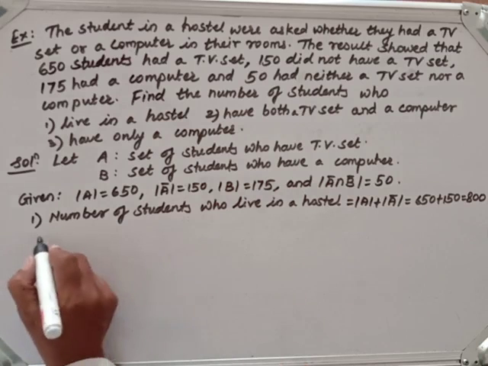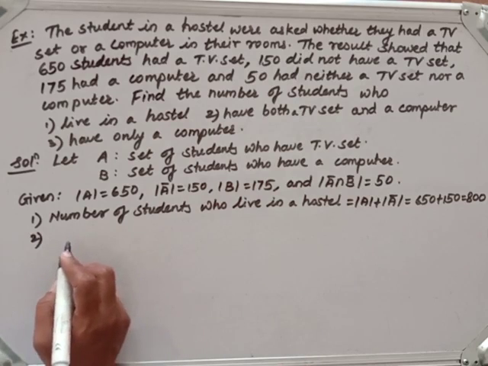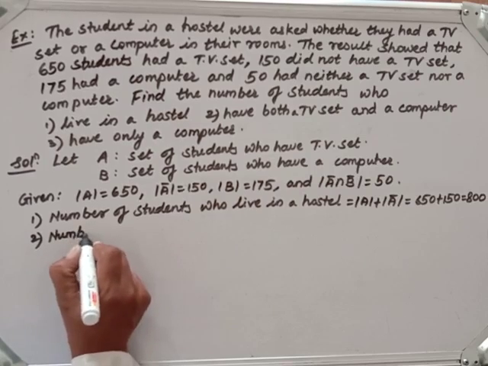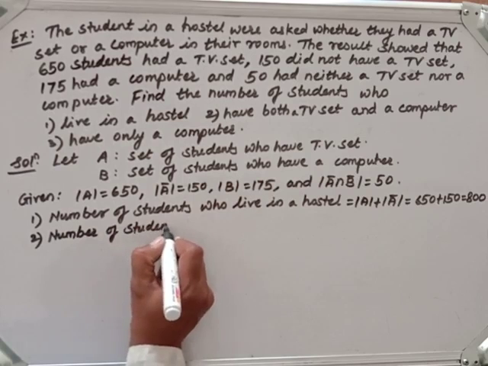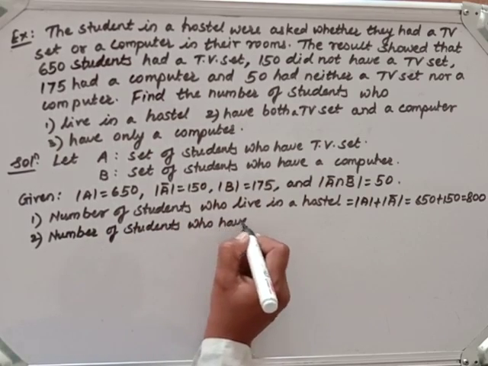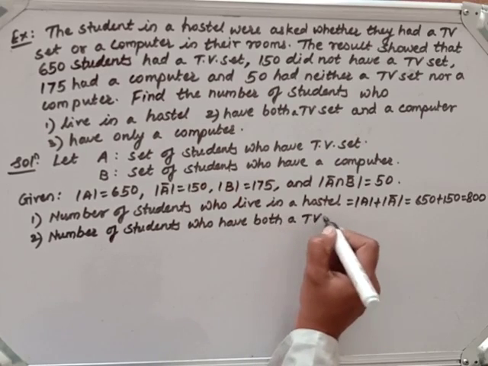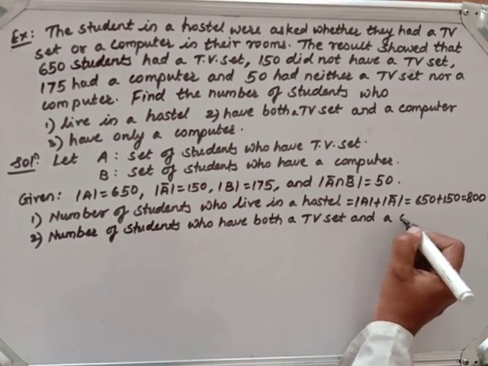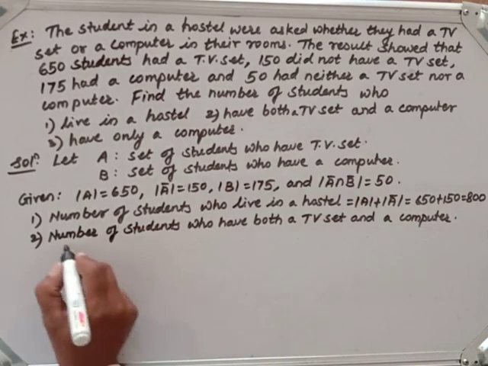Now the next thing, second one, have both TV and a computer. So number of students who have both a TV set and a computer.